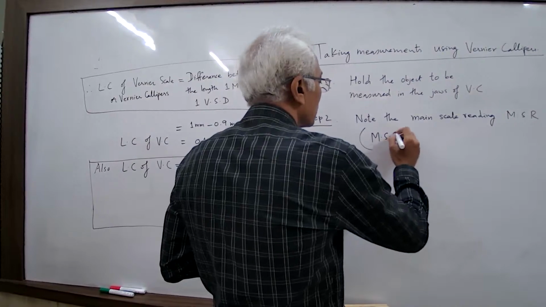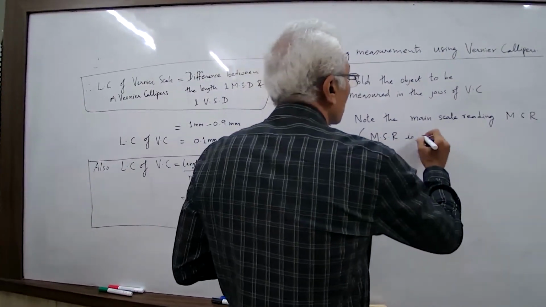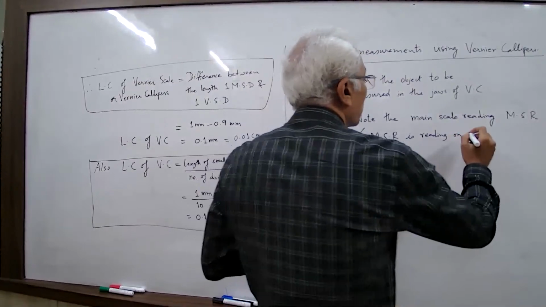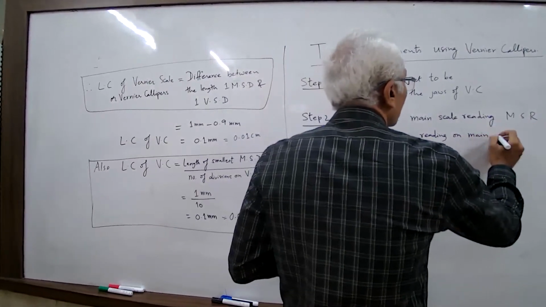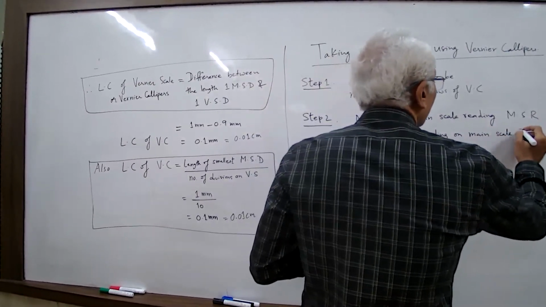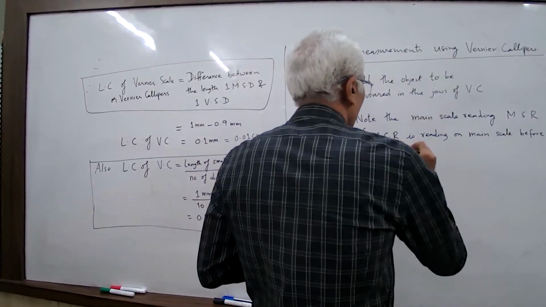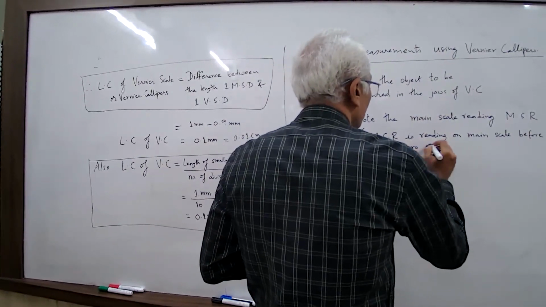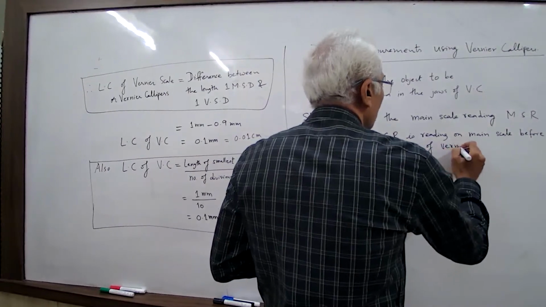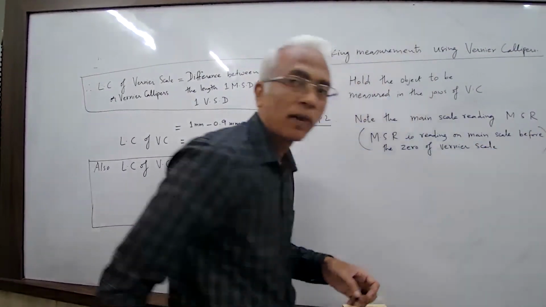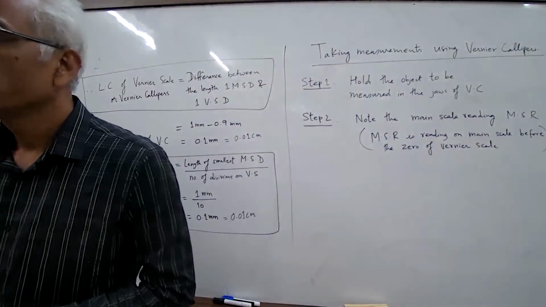MSR is the reading on the main scale before the zero of the vernier scale.